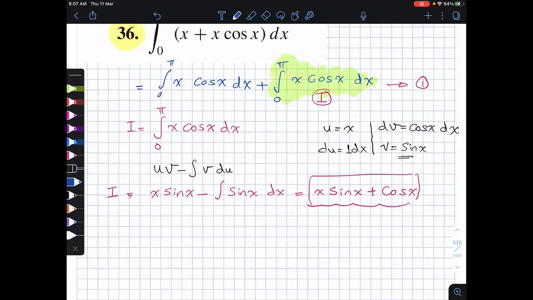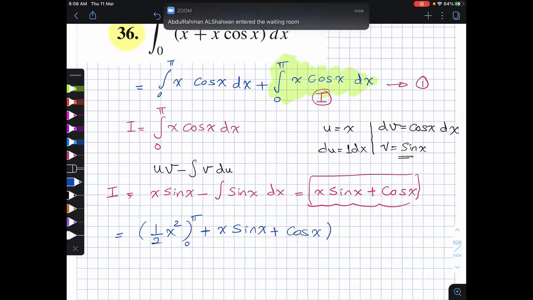We can find the integral of x, simply x squared over 2, which is half x squared, from 0 to pi, and then plus x sine x, and then plus cosine x, and this also from 0 to pi.